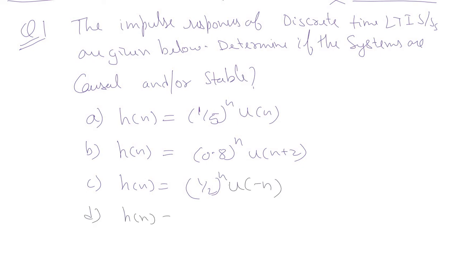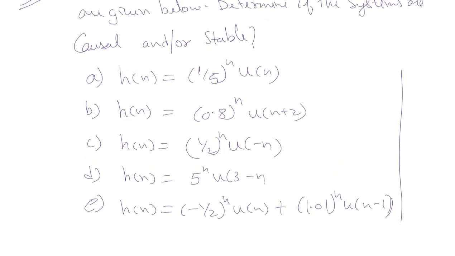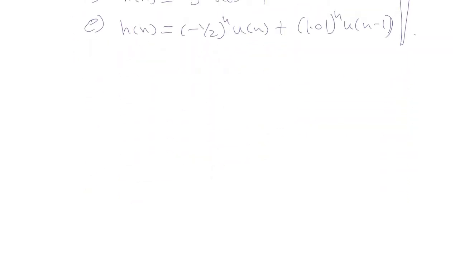Fourth one is h(n) equal to 5 raised to power n u(minus n). Fifth one is h(n) equal to (minus 1 by 2) raised to power n plus 1.01 raised to power n u(n minus 1). For all these 5 systems whose impulse responses are given, we will comment on the causality and the stability of the system. Okay, let us begin with the first one.